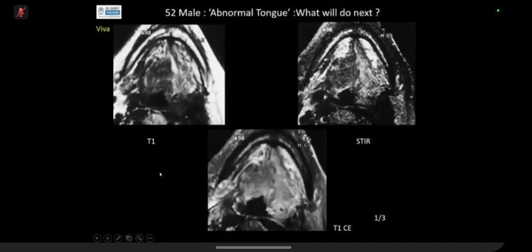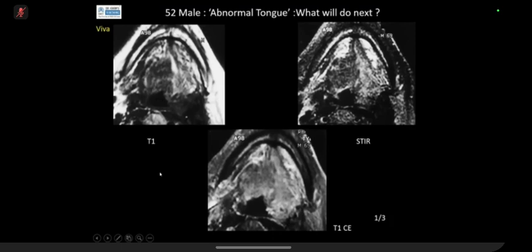So we've got selected sequences, T1, STIR and T1 post-contrast sequences through the floor of the mouth. We can see that there's an area of increased signal intensity within the left side of the tongue muscles, and on STIR imaging it demonstrates high signal intensity, and on the post-contrast study there's no particular enhancement that I can appreciate, though it does look symmetrical.